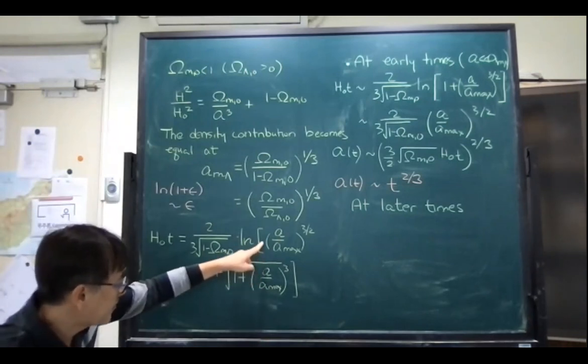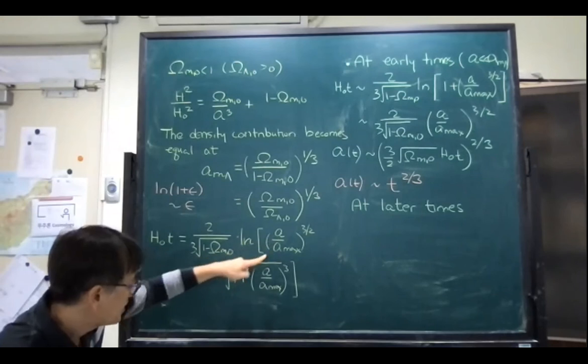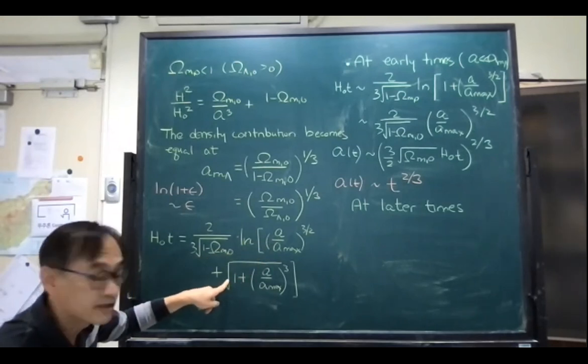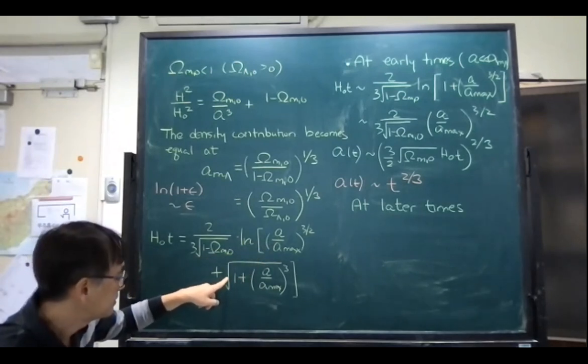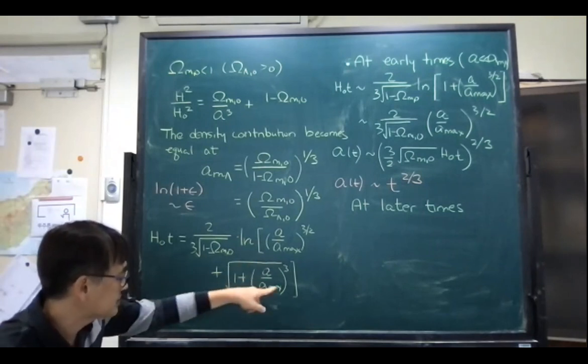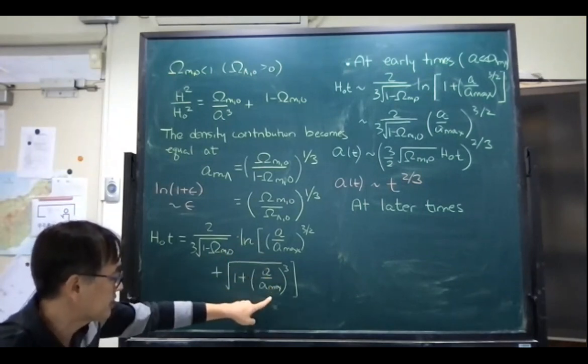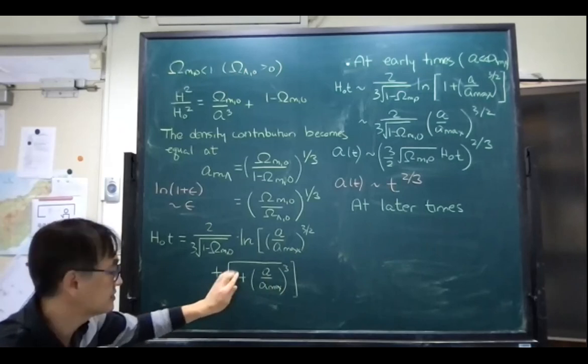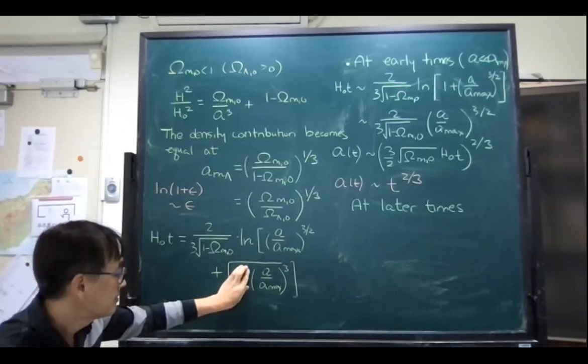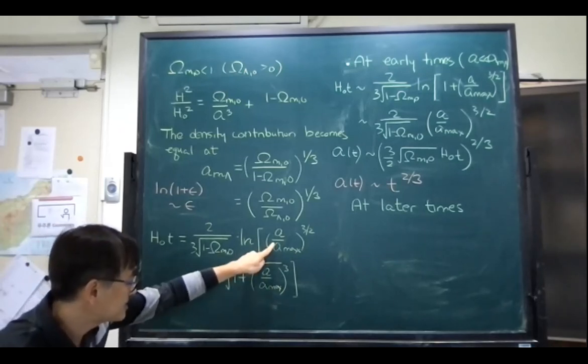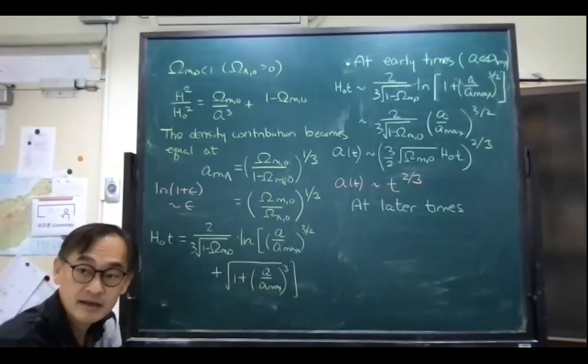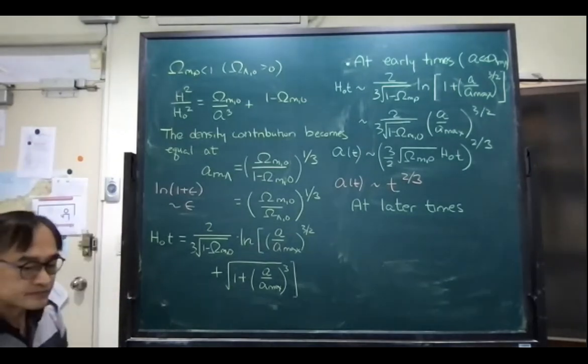And if you compare this number and this number, this square root is also a very big number here, but this is very small, so I can neglect this. Then this first term and second term are essentially the same value.